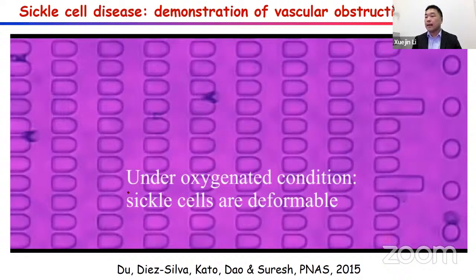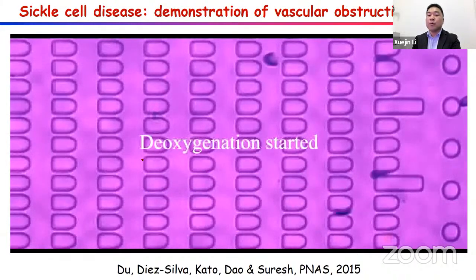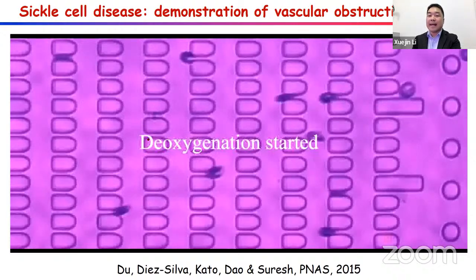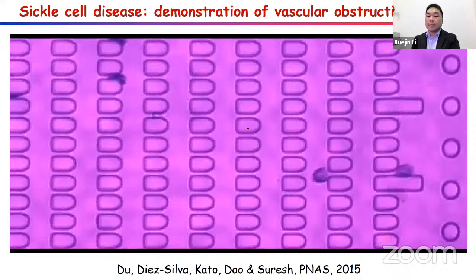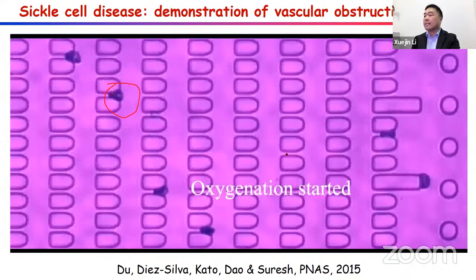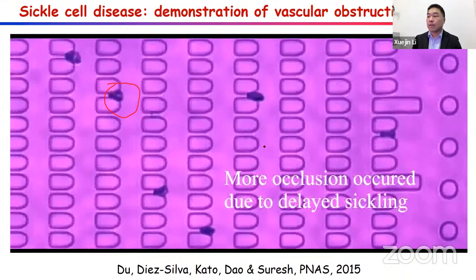You can see in a normal condition, the sickle cells are deformable, so they can pass through the tiny microgate like this, right? And when the oxygen is removed, some cells get stuck like this one at the microgate, but other cells can go through the microgate.